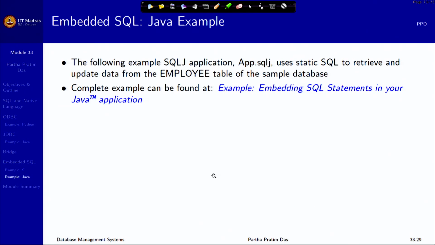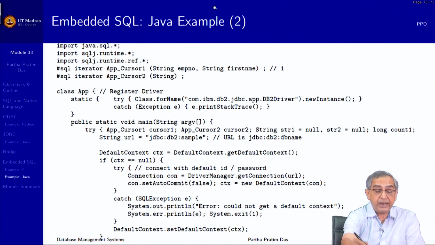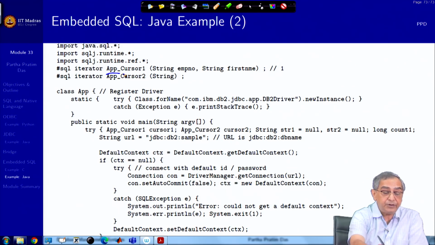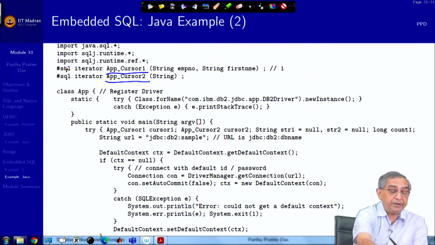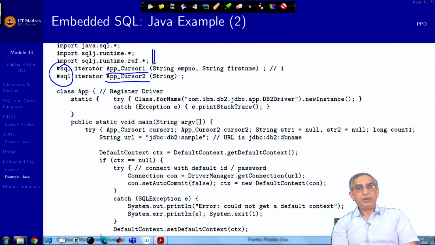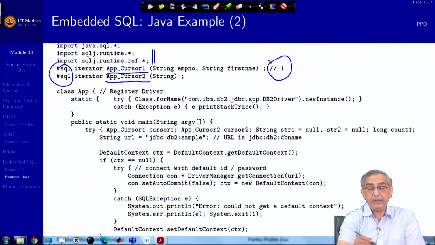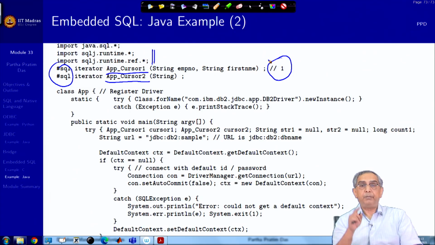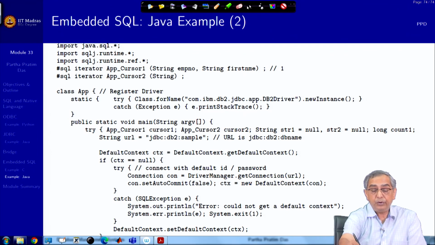I have also given an example in Java, which is a little bit longish, but has more functionality in terms of having two different types of cursor. You can see that in this particular embedding framework, instead of exec SQL, it is using hash SQL. In different places in this code, you will find markers, comments with numbers, so that you can go to the next slide.